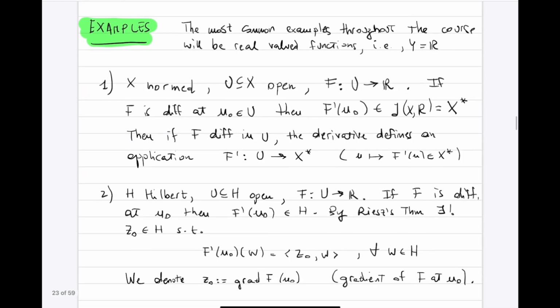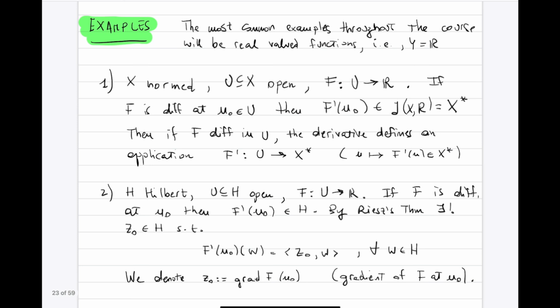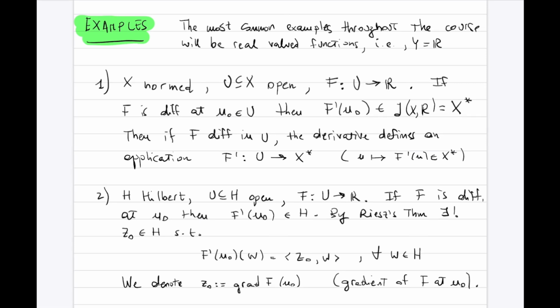Okay, let's see a couple of simple examples, which will be basically many of the actual examples we will see are of this form. So the first example is for f, taking values in R and defined on some open set inside a normed space.